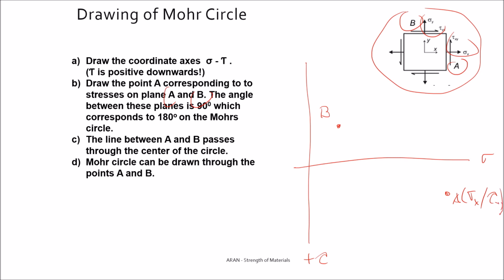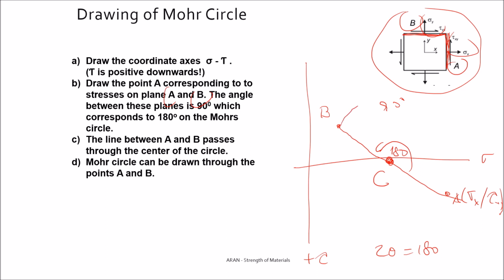And as you see, between planes A and B the angle is 90 degrees. It corresponds to 2 theta, which is 180 degrees on the Mohr circle. So when you draw the line between these two points, it will cut through the center, and the angle between A and B will be 180.